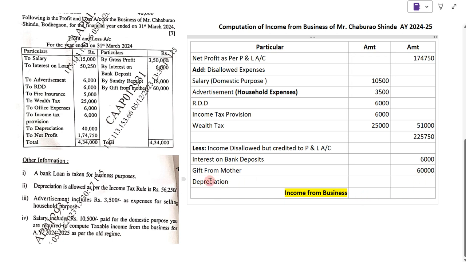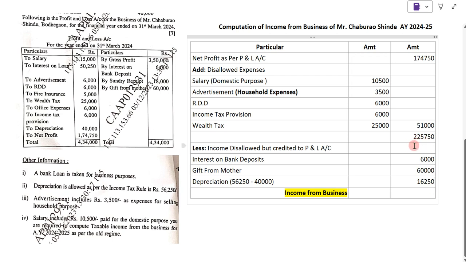Now depreciation: how much is allowed by income tax rule? 56,250. And actual depreciation is 40,000. So how much is allowed additionally? 56,250 less 40,000, remaining 16,250.